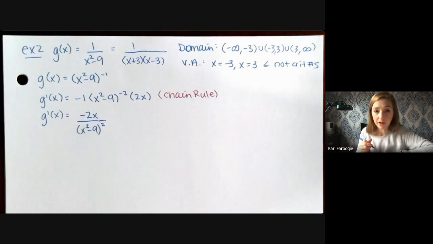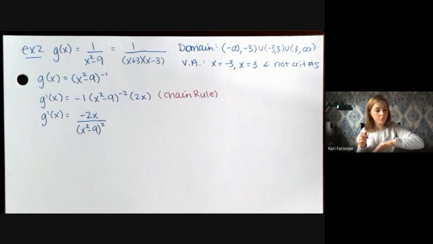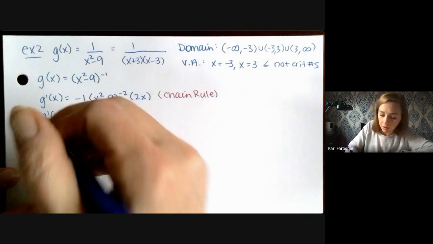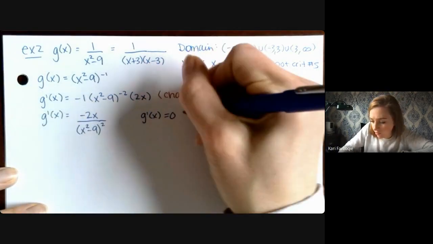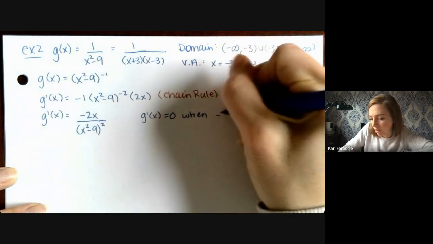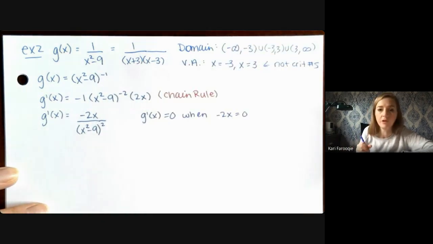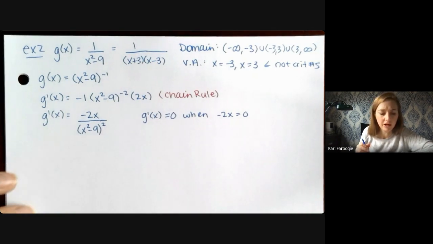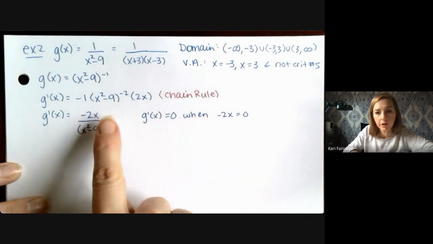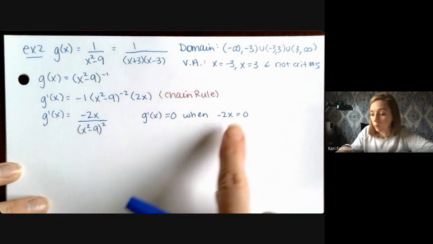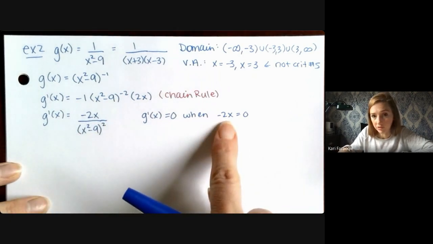Okay. Now, to find the critical numbers, I'm looking for places where either the derivative does not exist or equals 0. So I'm going to say g prime of x equals 0 when the numerator equals 0. When we're dealing with rational expressions, when we're trying to figure out when the rational expression is equal to 0, we just need the numerator to be equal to 0.